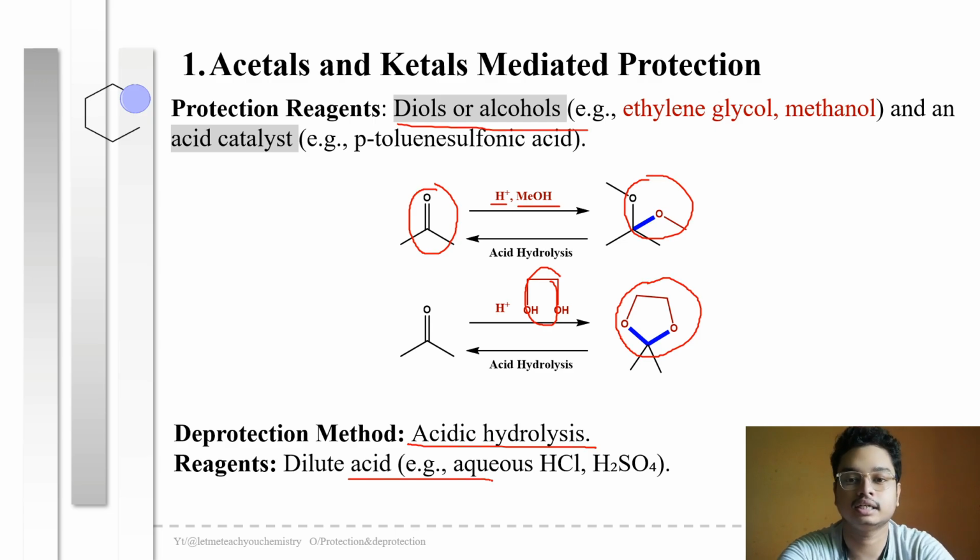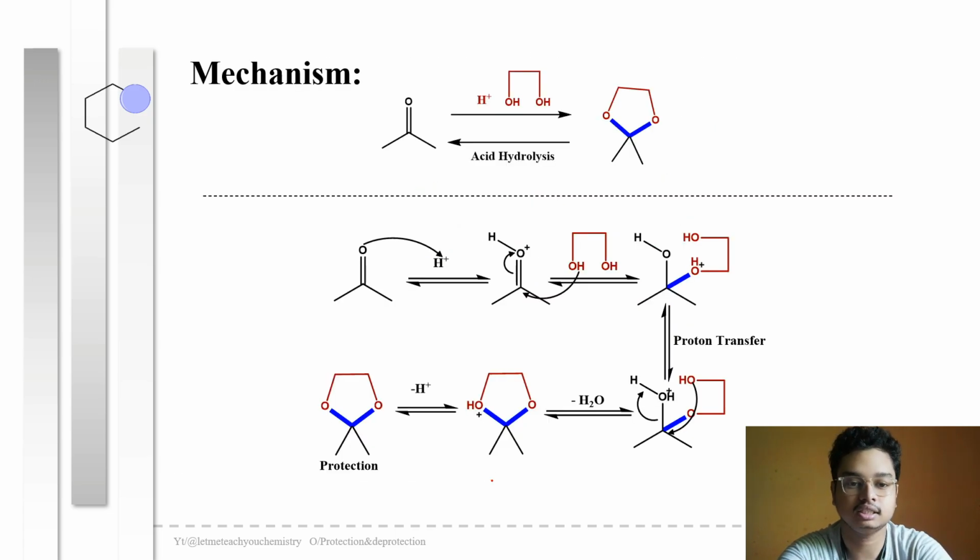So let us understand the mechanism of this reaction. First of all, that particular H plus is used. This H plus coordinates with the carbonyl oxygen, and after that coordination the carbon becomes much more electrophilic in nature, and that's why this OH will attack to form this type of compound.